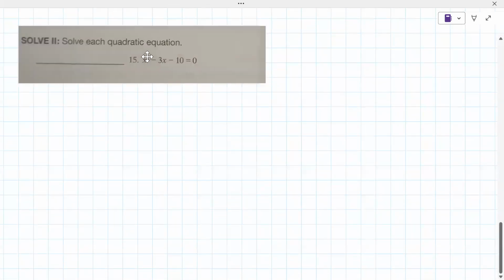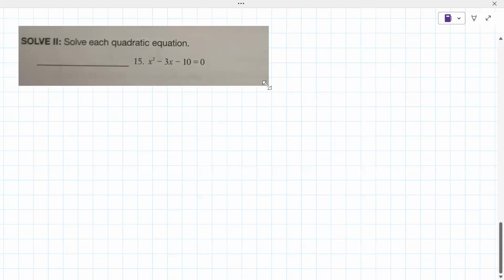Okay, so this is more current stuff, solving each quadratic equation. So you're trying to find two numbers that multiply to -10 but add to -3. Let's see. It's negative.